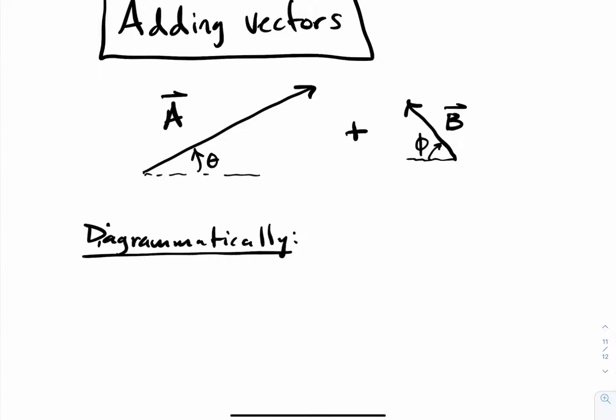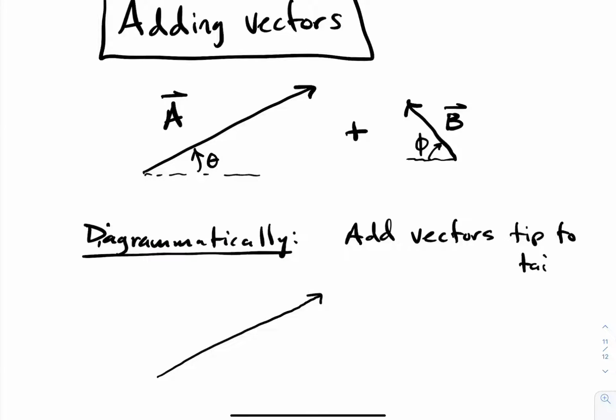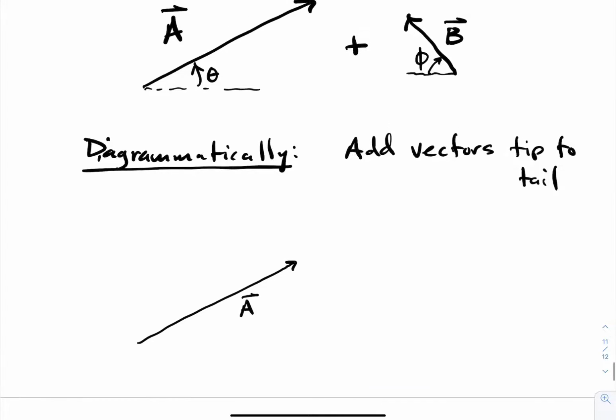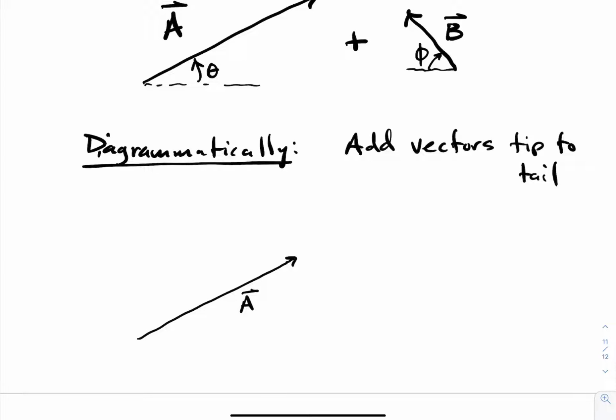So diagrammatically, we can take our A vector and we add vectors tip to tail. So we can pick up our A vector. I'm going to give myself more room here. And we can then pick up our B vector and put the tail of it on the tip of A, like so.